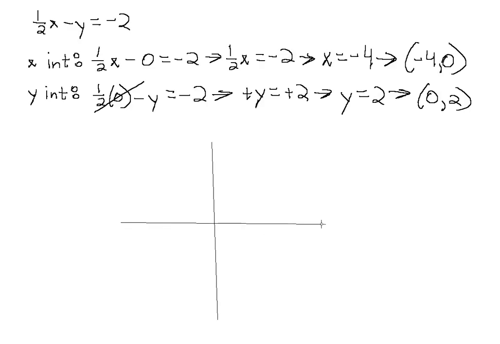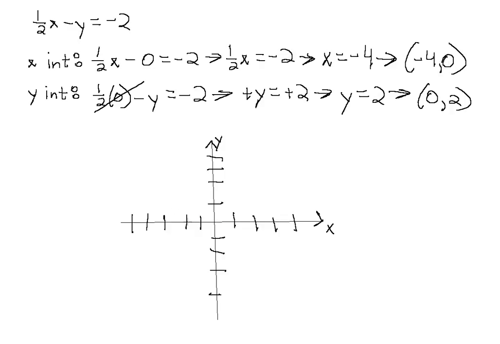The y-axis, the x-axis. This is our y. This is our x. Let's go ahead and get some scale to it. Okay, so our x-intercept is -4, 0.